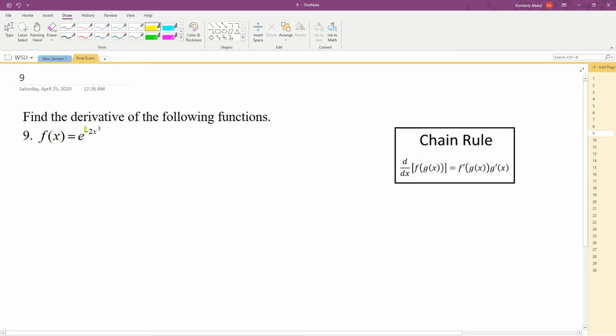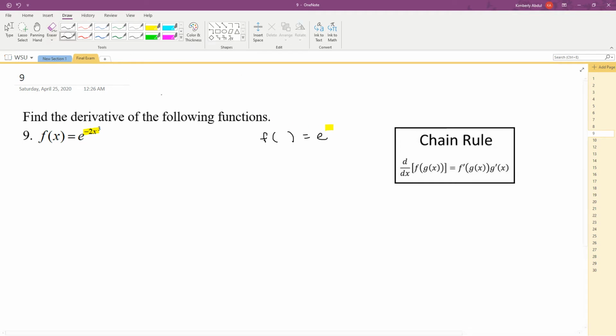So right here, this portion is going to be our inside function, meaning that our outside function is going to be e to some exponent, or e to the x. So technically, it is most correct to say that the outside function is e to the x, but I'm actually going to just use highlighter because it'll be easier to see kind of where things need to be plugged in.